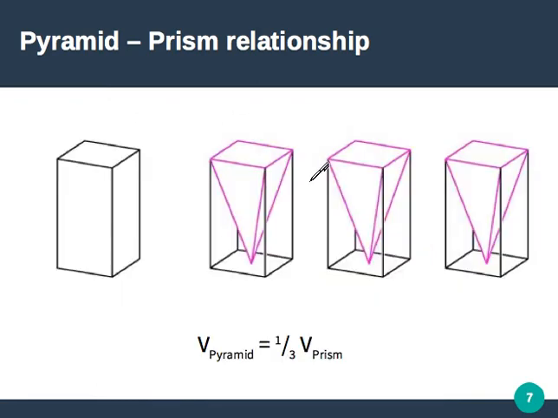Okay, that's what you do, guys. So that's pretty much what this is saying here. You take a prism, and then you slice it into 3 parts as we saw in the previous animation. And we're going to get 3 pyramids that are exactly the same.